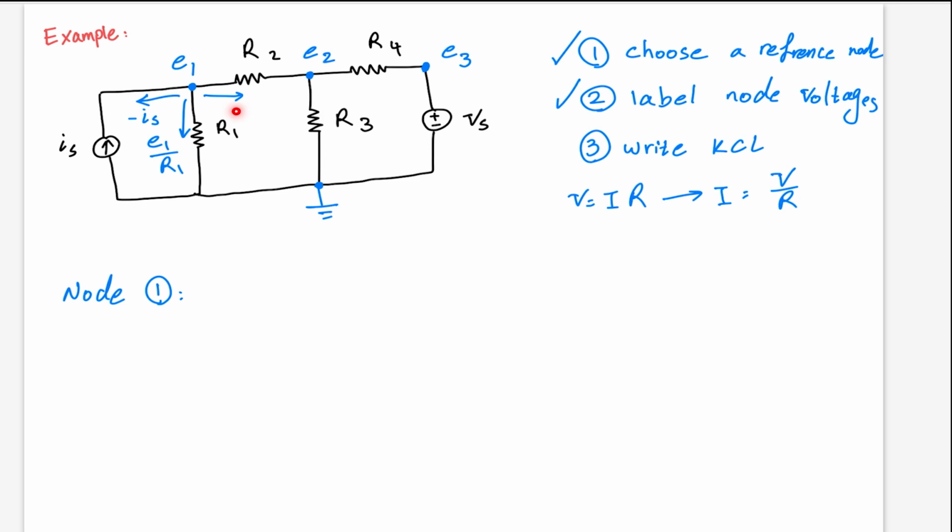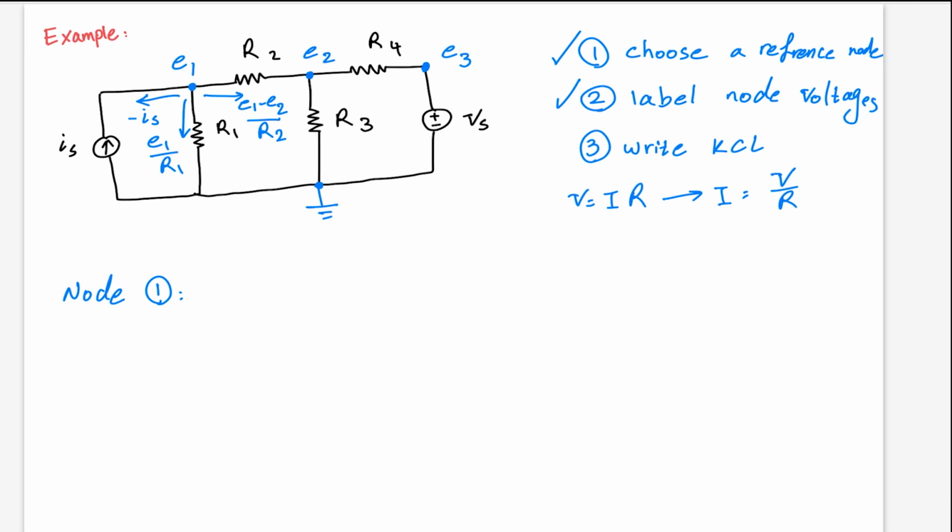And for this current, we can write E1 minus E2 over R2. Because remember that the current will always flow from the high potential to the lower potential. So if our current is in this direction, going from E1 to E2, we need to write E1 minus E2 over R2.